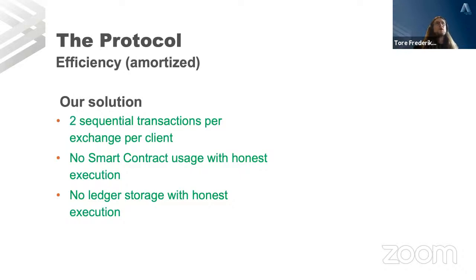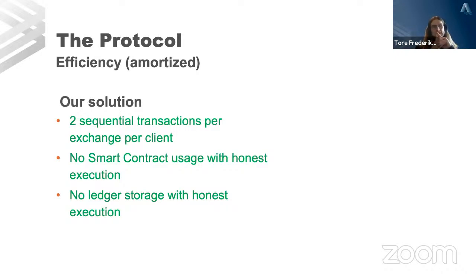So what do we get from all of this? If we consider an amortized setting where basically the servers only put up ante once and then continue running flows of the limit order matching, we get a very efficient solution where only 2 sequential transactions per exchange per client are needed.